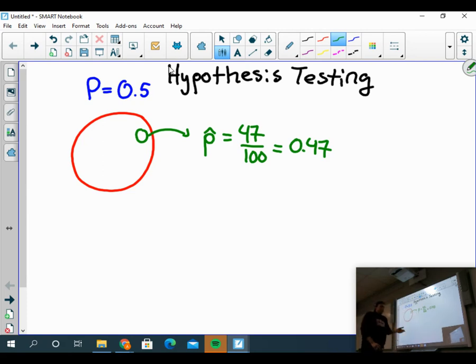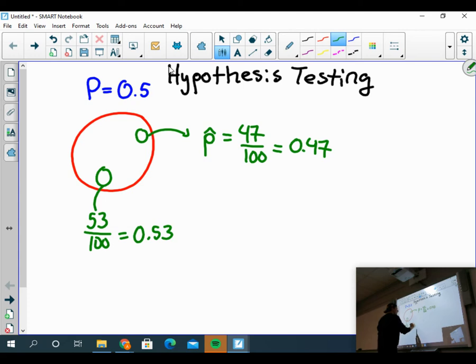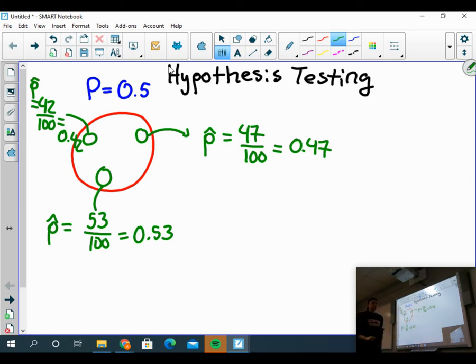I could do another sample of 100 flips, and maybe that time I got 53 heads. Or I do it again, and maybe I get 42 heads. We could get all these different sample probabilities.